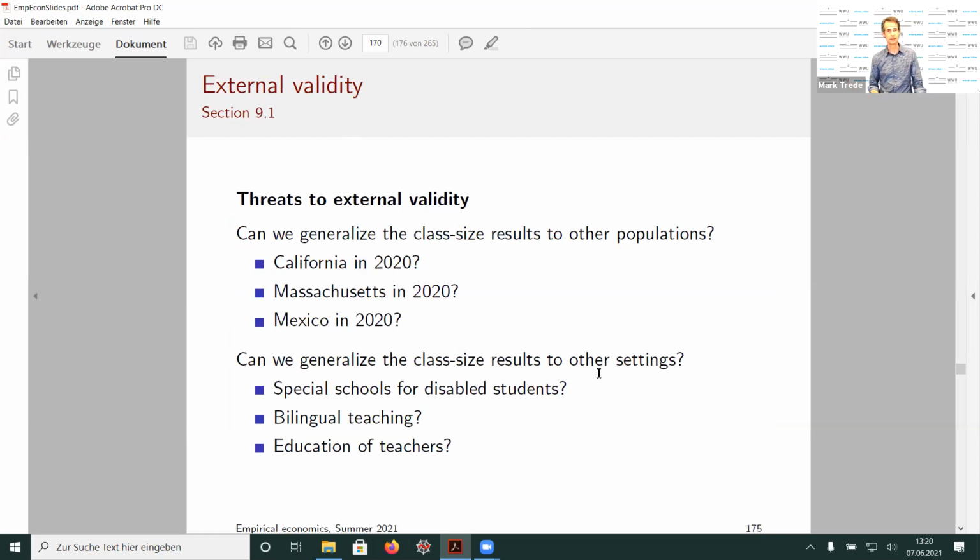The external validity is, well, not really more difficult, but it has less to do with methodological questions. So external validity is reasoning about whether or not this generalization from the studied population to other populations is possible or not.